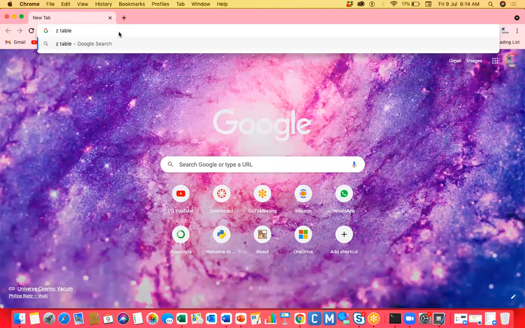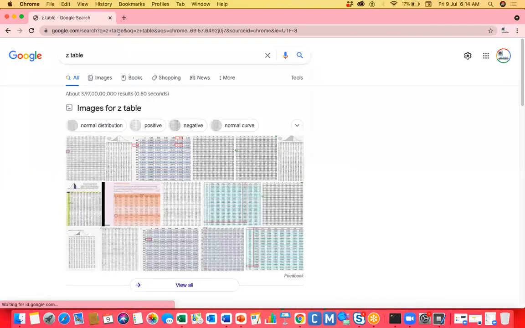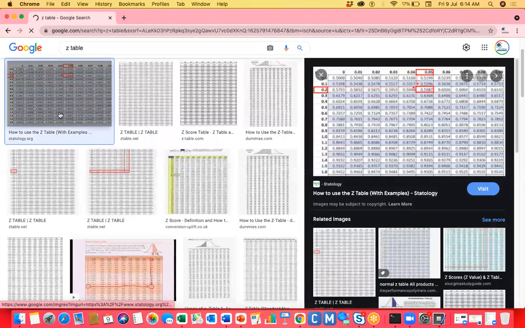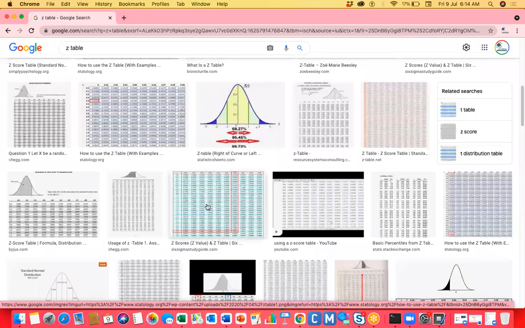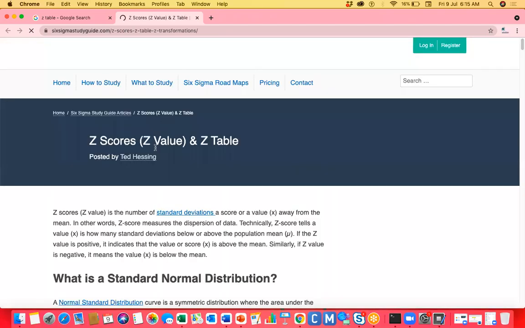So guys, this Z table is always the same.